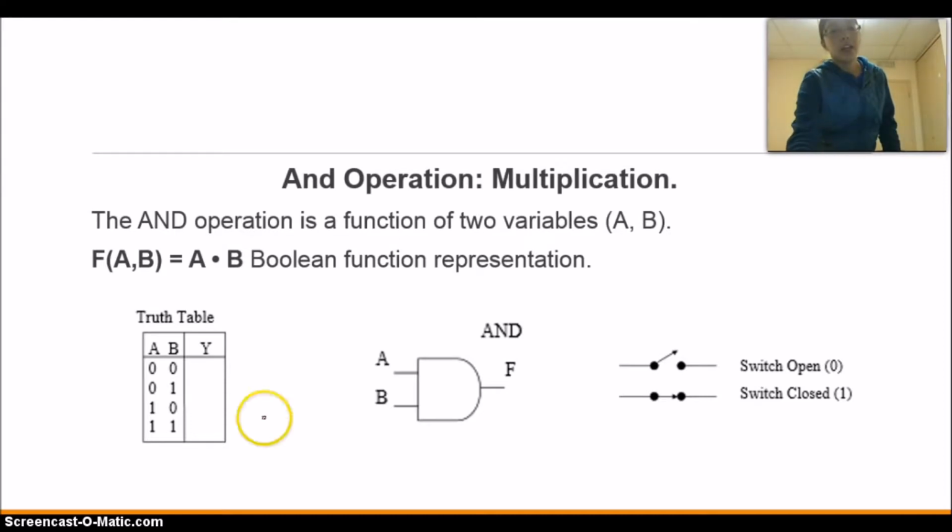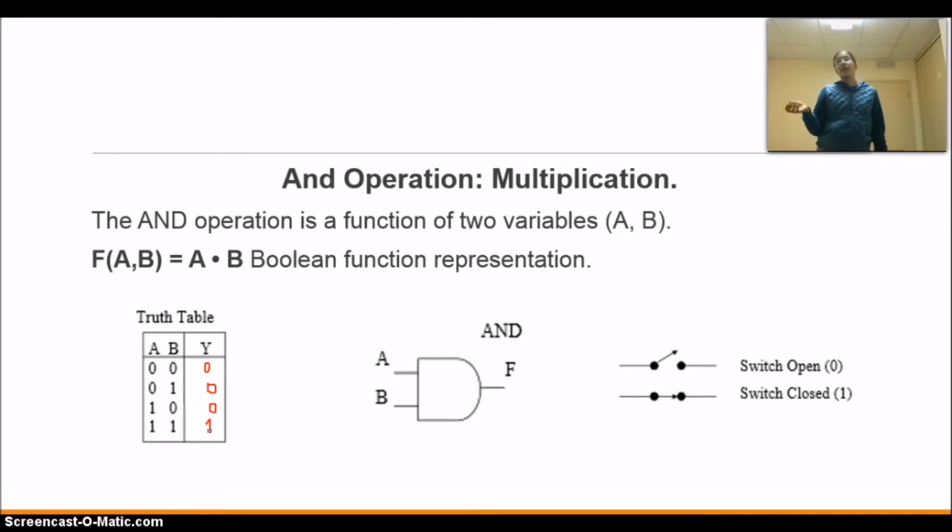For example, 0 times 0 is going to be 0. 0 times 1 is going to be 0. 1 times 0 is going to be 0, and 1 times 1 is going to be 1. So only when we have two high values in our inputs are we going to obtain a high output. If we have two different inputs, our output is going to be low.